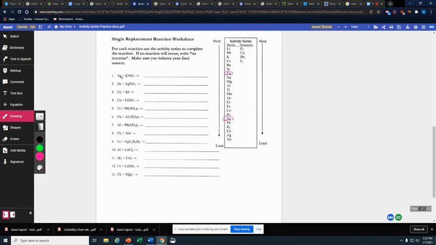If you find one that does not happen because of the activity series, you write no reaction. Otherwise, predict the products, write them out there, and balance the equations. Balancing the equations is a very important part. All right. Sounds good. Thank you for your attention.